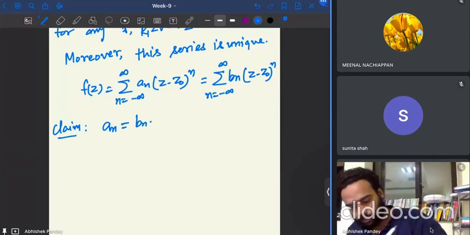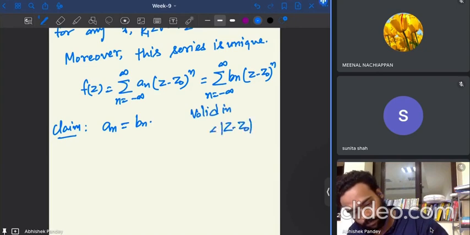So let us try to prove this one. The series is valid in mod z minus z naught greater than r1 and less than r2.